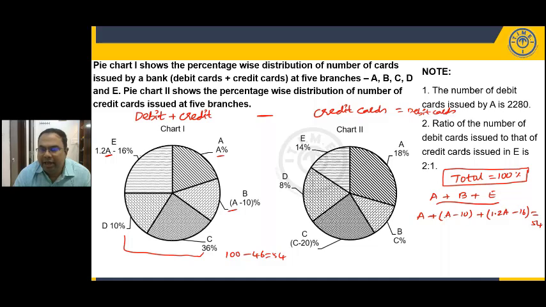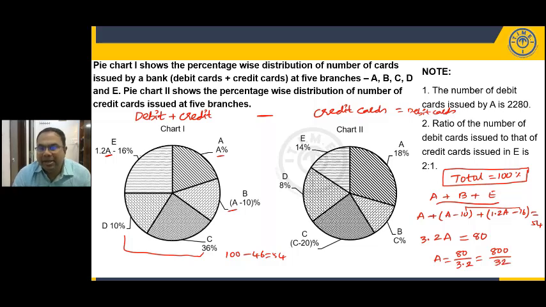So 2A plus 1.2A, 3.2A minus 26 is equal to 54. Minus 26 goes to the right-hand side, it is plus 26, so 80. So A is equal to 80 by 3.2, or I can say 800 by 32.